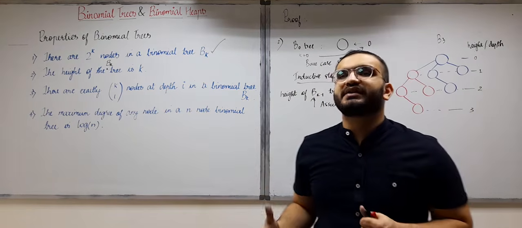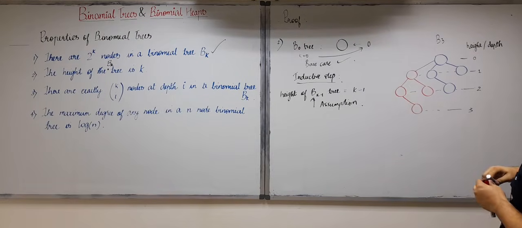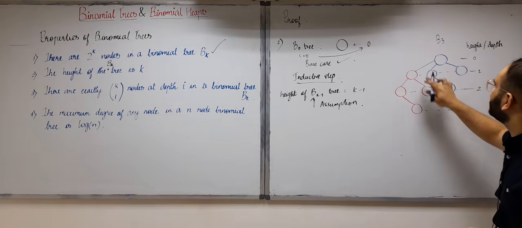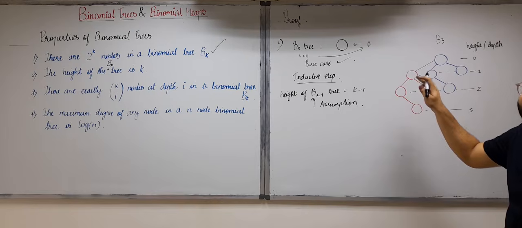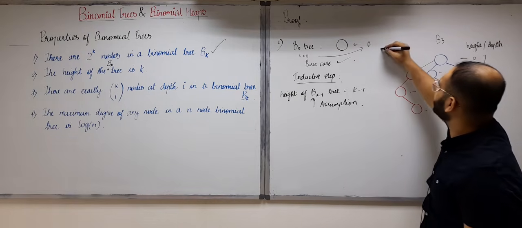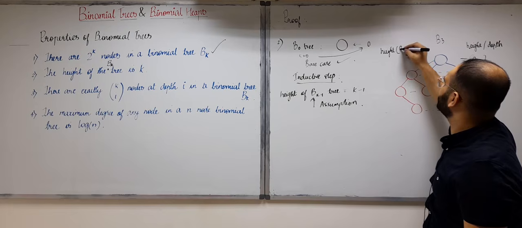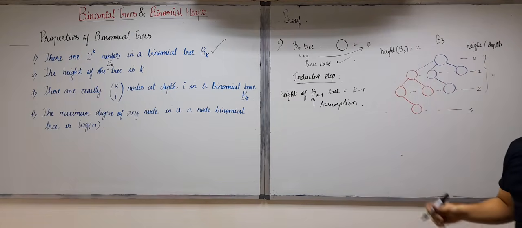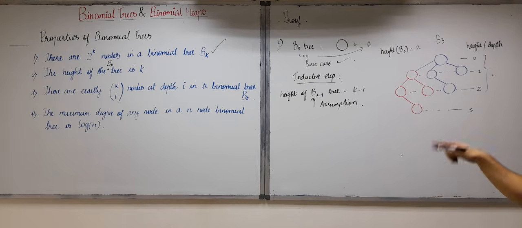Now just try to understand how we form a Bk tree. A Bk tree, or in this case let us assume a B3 tree, is formed using one B2 and another B2, right? Suppose you know the height of B2, or in this case let us assume B2 as Bk minus 1. You know it is 2, so you can directly tell me that whatever the height of B2 is, the height of B3 will be 1 more than that. Why?